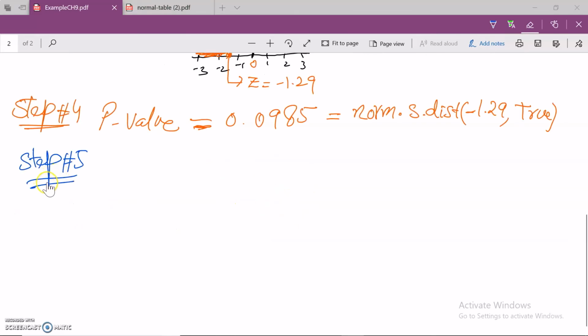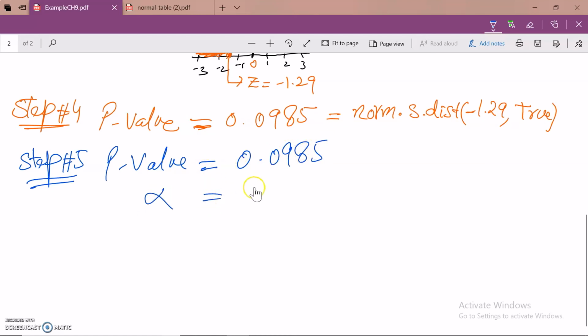So we now start the last step, the final step, step number 5. What we do in step number 5 is compare our p-value with the significance level. Recall our p-value, we just found it, was equal to 0.0985 and our alpha value was 0.05, right?